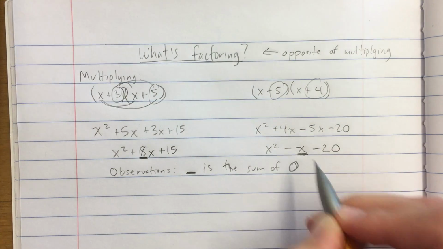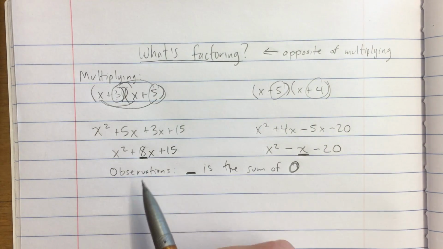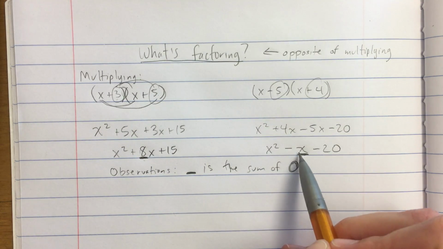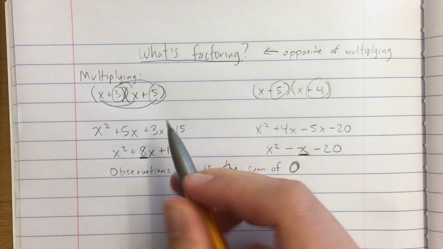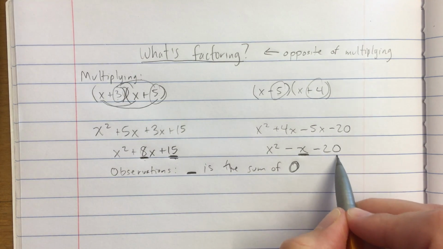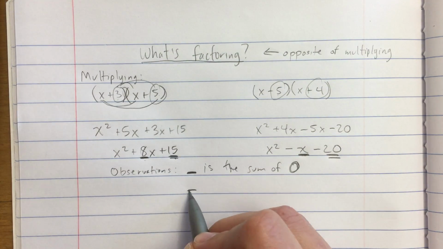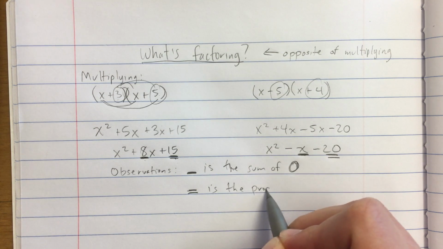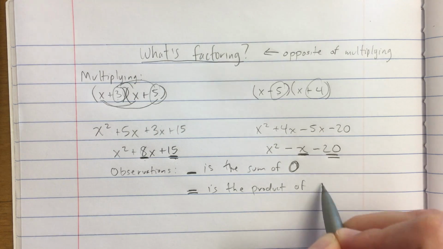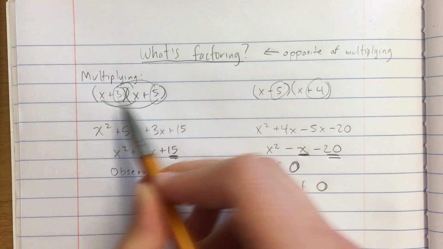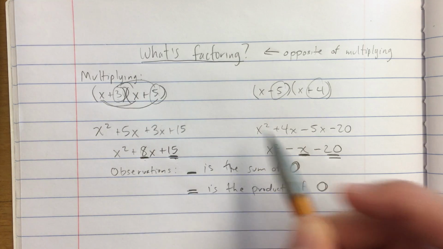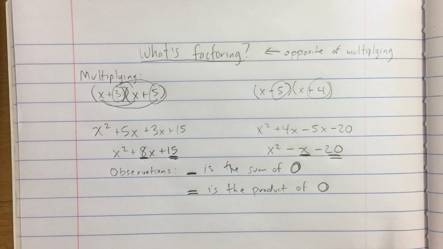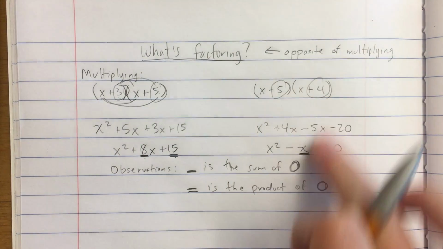So you can see here, this is 3 plus 5, the sum, and here this is negative 5 plus 4 is negative 1. And then remember this third number, we'll call that the double underline number, is the product of the circled numbers. So here 3 times 5, product is multiply, 3 times 5 is 15, negative 5 times 4 is negative 20.